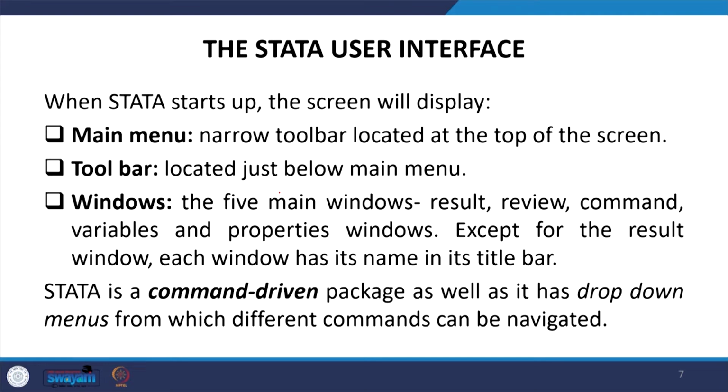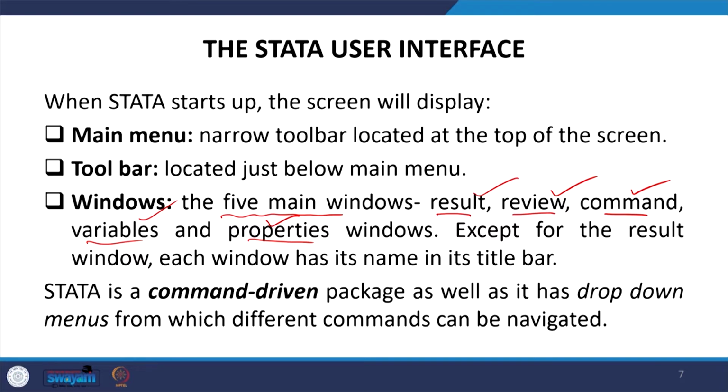Then what do you mean by windows? Windows is all the display on the screen. There are 5 main windows. These are called result window, review window, command window, variables window, and properties window. These five windows are displayed on the main window screen of STATA.